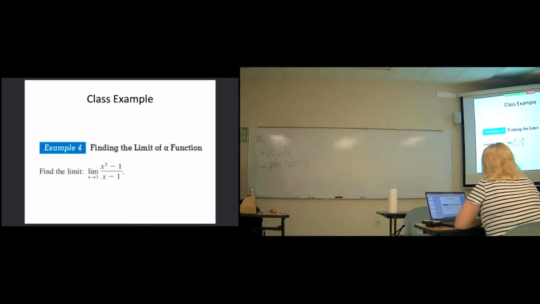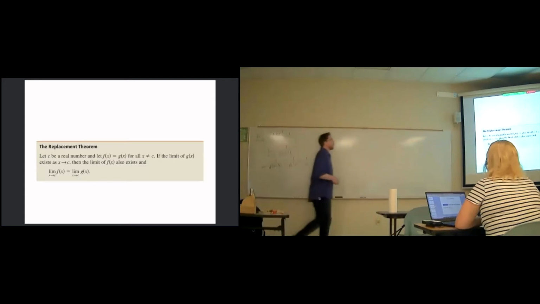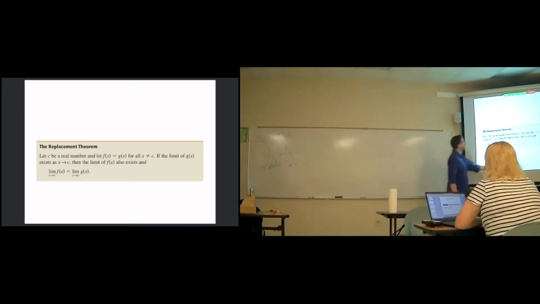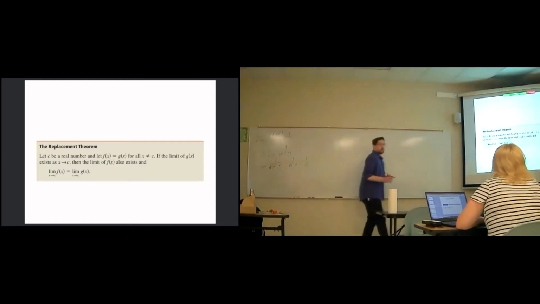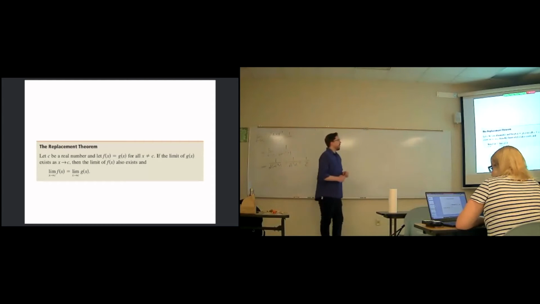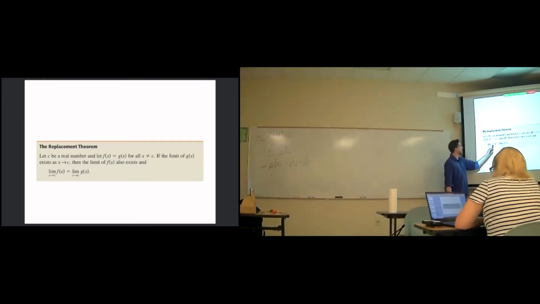So what we're doing is hacking the replacement theorem. What the replacement theorem says is that if you have two functions that are equivalent everywhere except at a point, then the limit as x approaches c of your first function is equivalent to the limit as x approaches c of your other function.